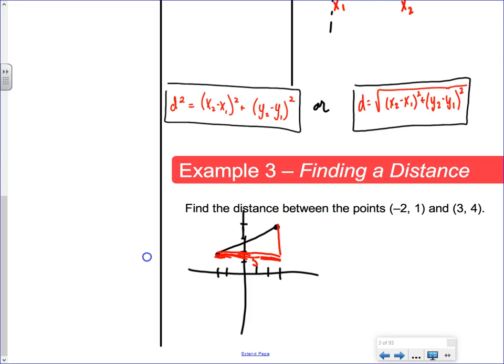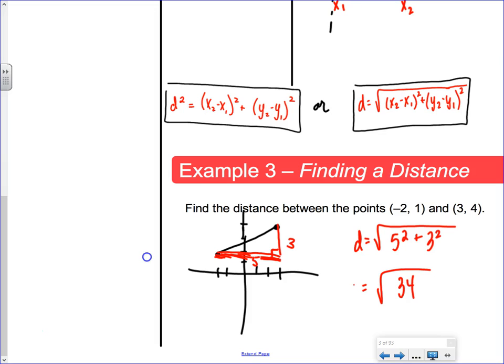Struggles of technology sometimes. 5 is one leg, 3 is the other, so therefore, taking Pythagorean theorem, I can say distance is equal to the square root of 5 squared plus 3 squared. And there's no perfect square in 34.